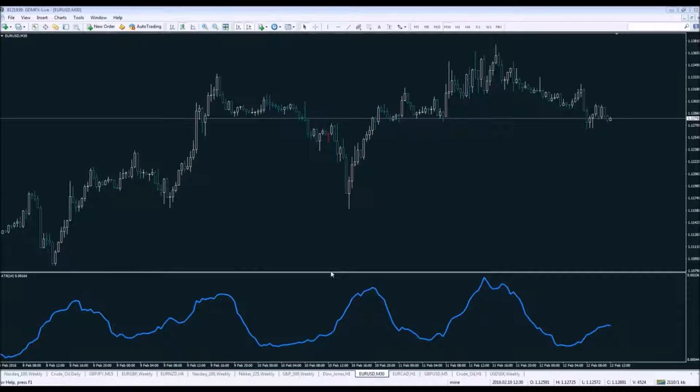The first thing we need to know about the average true range is that it was developed with the only purpose of being a volatility-based indicator. And of course, as with most of the volatility-based indicators, it is mostly used to trade commodities with the daily price range in mind.